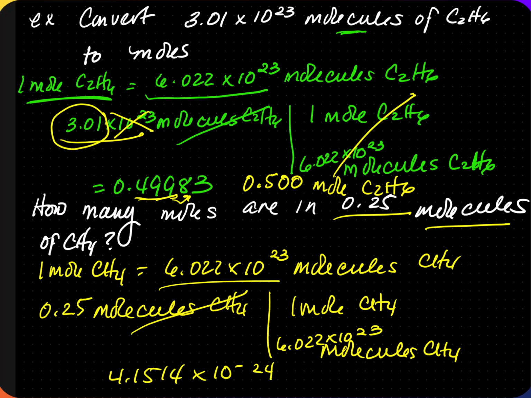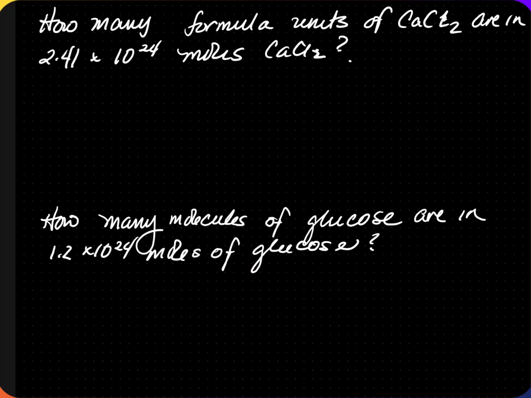So we need to do sig figs. Conversion factors don't count. There are 2 digits in the front, so I need 2 in my answer. 1, 2. I look 1 to the right. This becomes 4.2 times 10 to the negative 24th. We need to write the unit, moles of CH4. So try these 2 on your own and then check your answer.